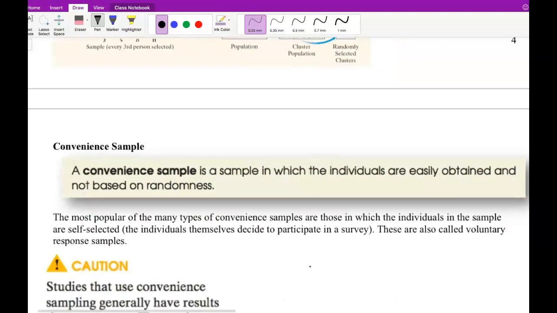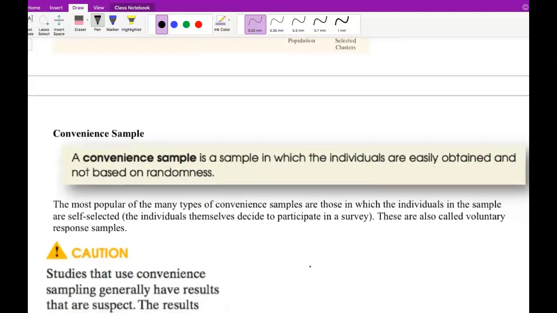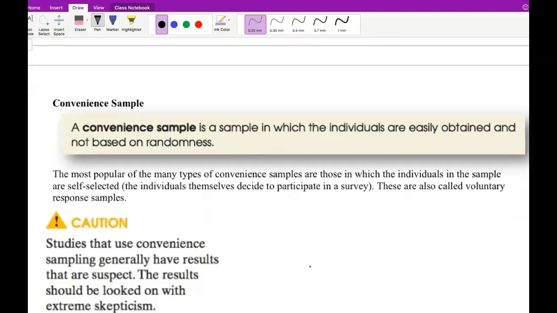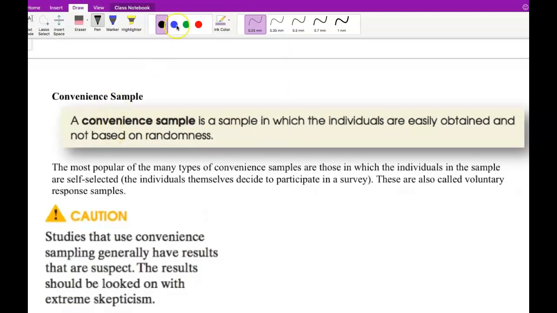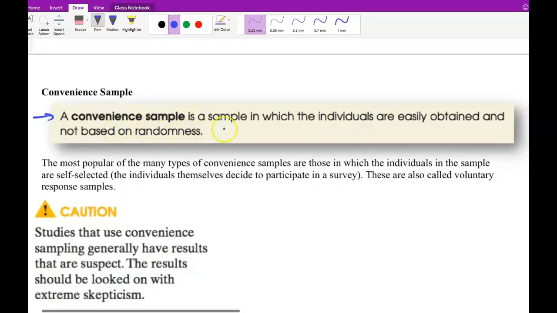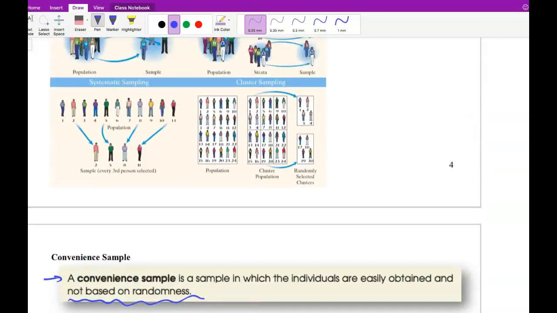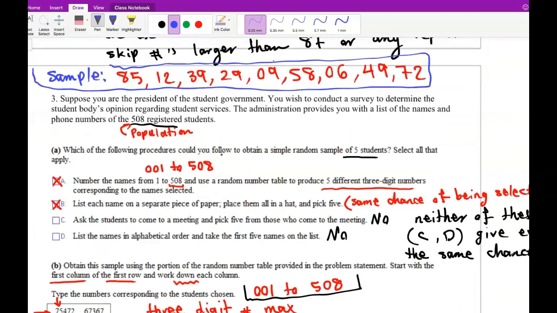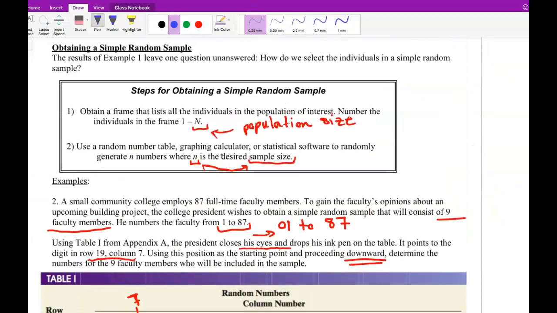The next one is the convenience sample. A convenience sample is a sample in which the individuals are easily obtained and not based on randomness. I had this part on the first page, remember?